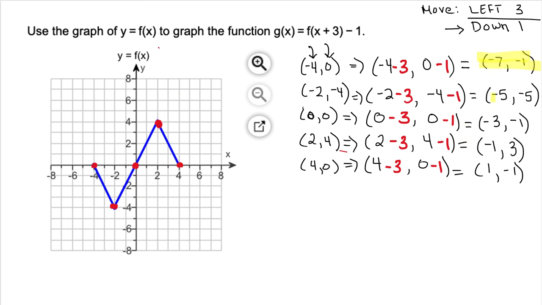Each one of these ordered pairs is my new ordered pair of my transformed graph. These are the ordered pairs of g of x. Now if I want to graph g of x, all I have to do is plot these ordered pairs on the graph.